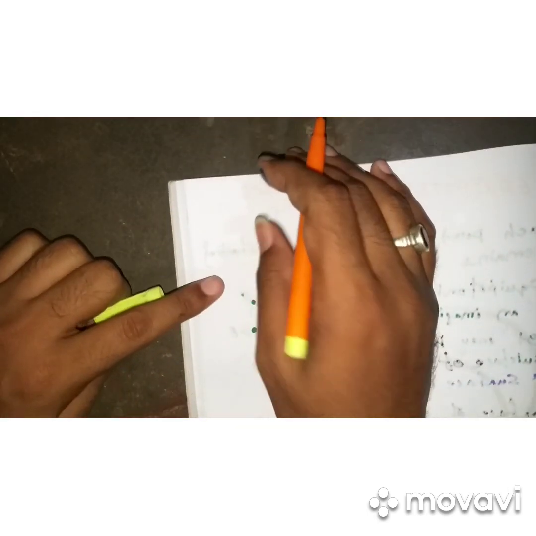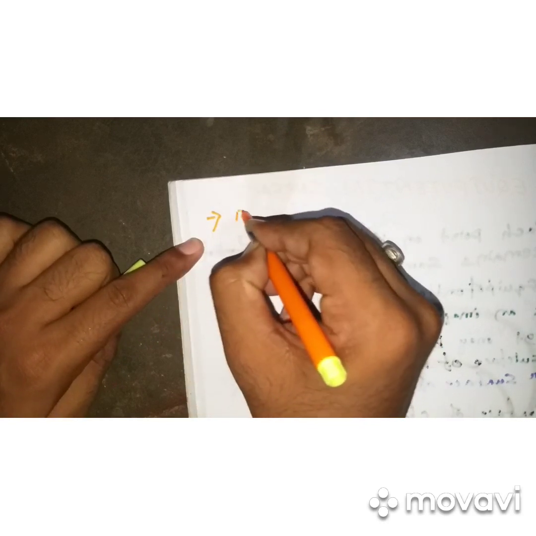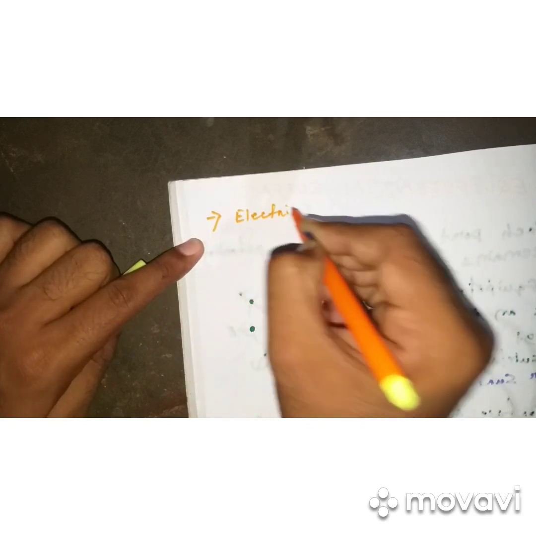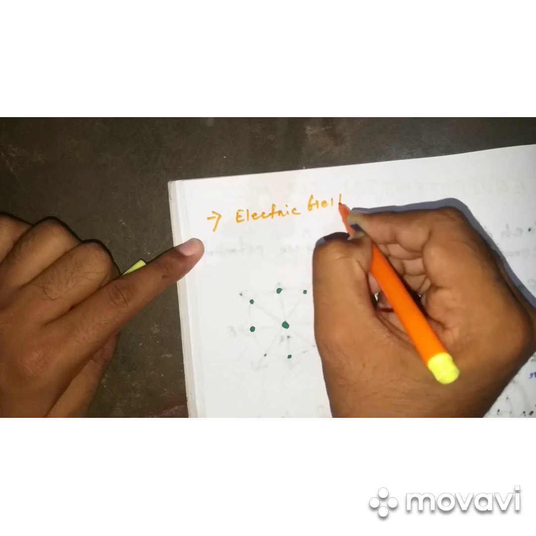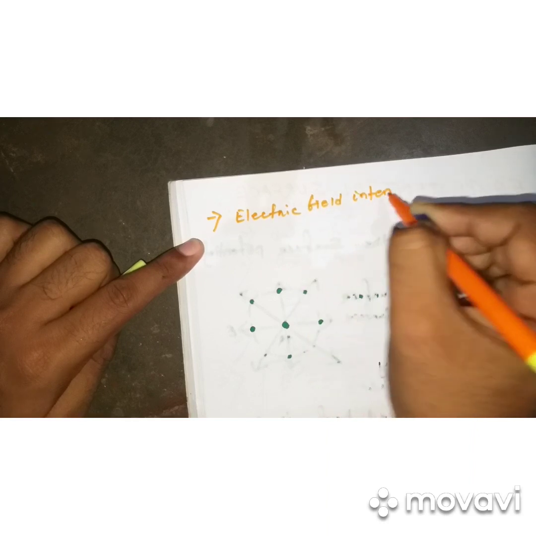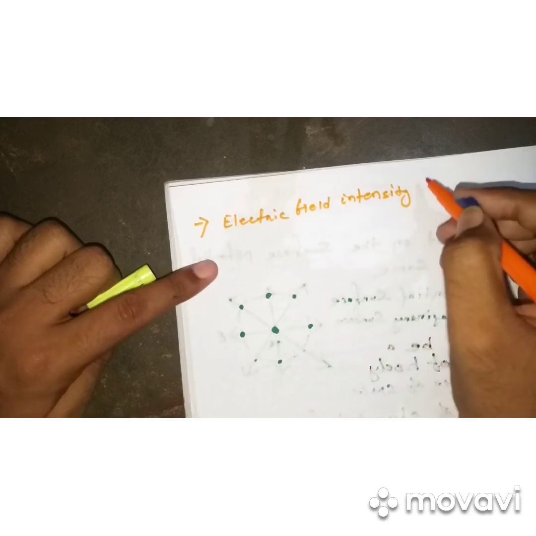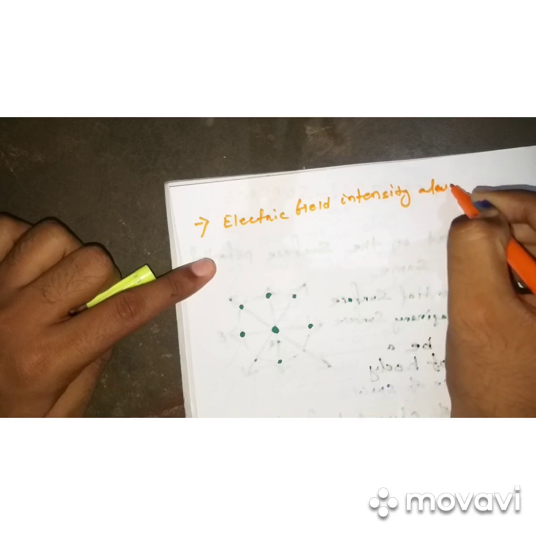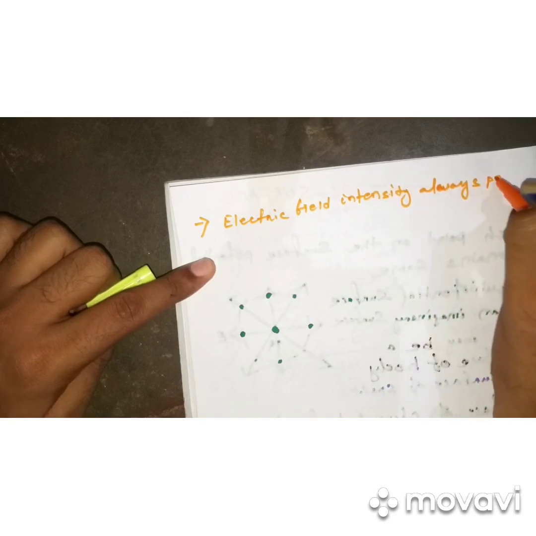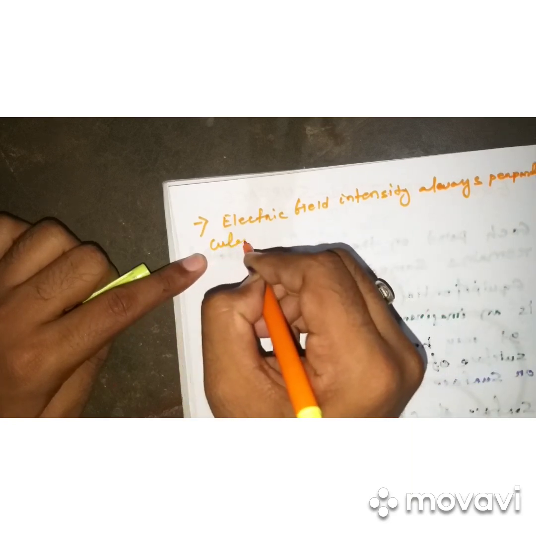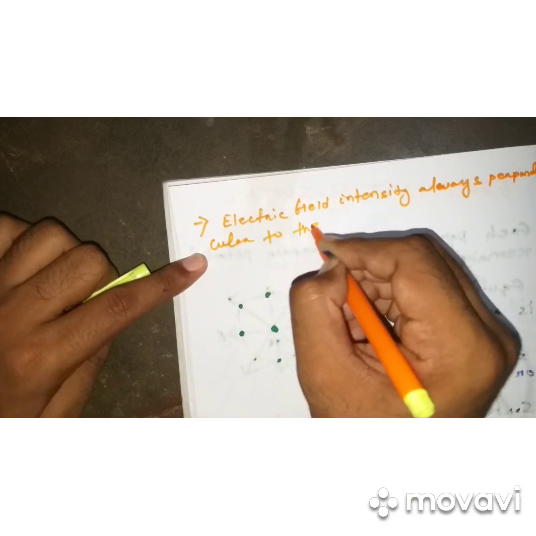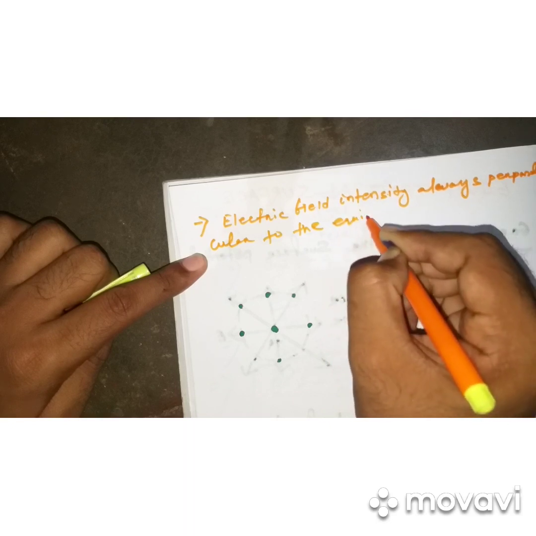Next point is, electric field intensity is always perpendicular to the equipotential surface.